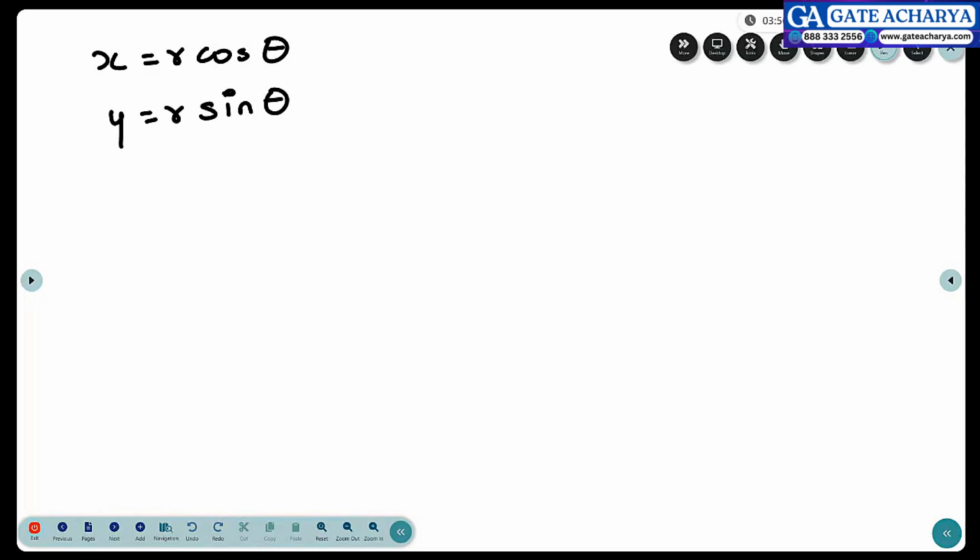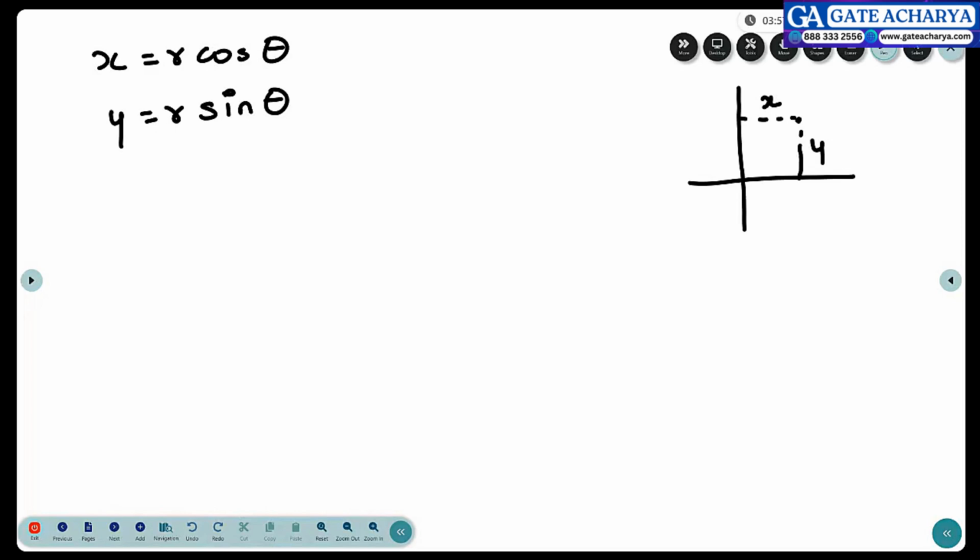In the polar coordinate system, how is a point located? In the Cartesian system, this is your x coordinate and this height is your y coordinate.